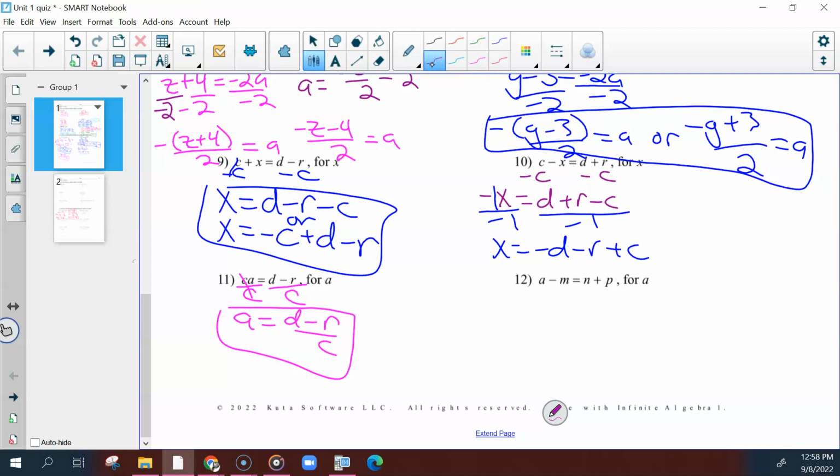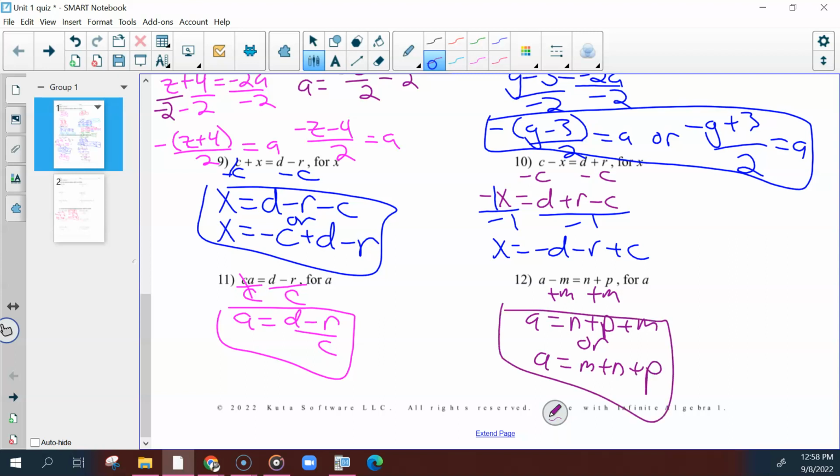For 12, you have to get a by itself. m is near it, so if we get rid of that, a will be by itself. And if you wanted to put it in order, you could do that, but either way does not matter.